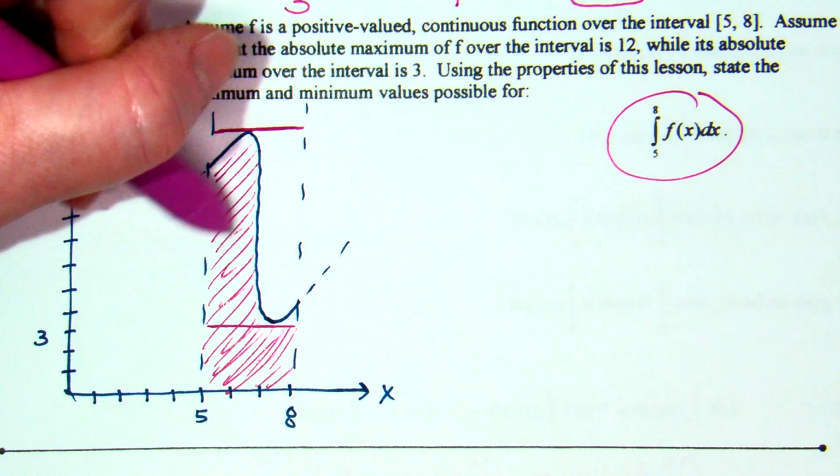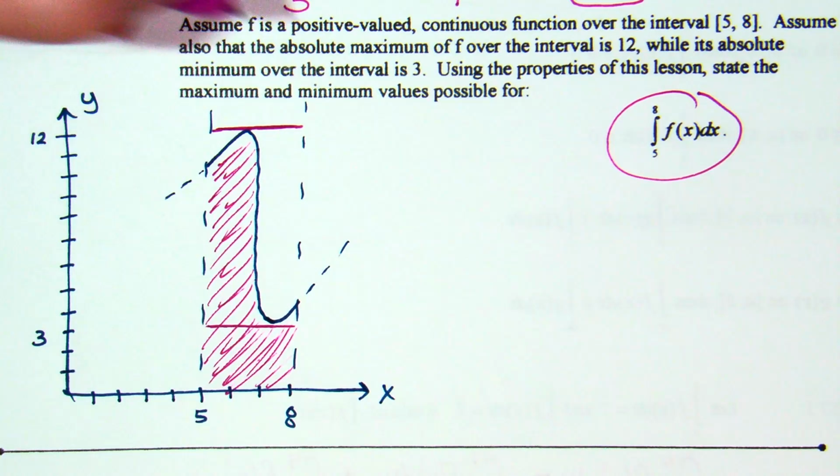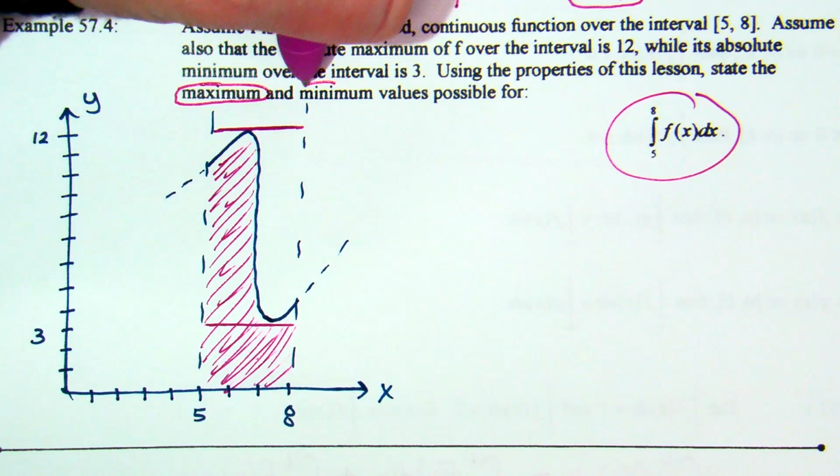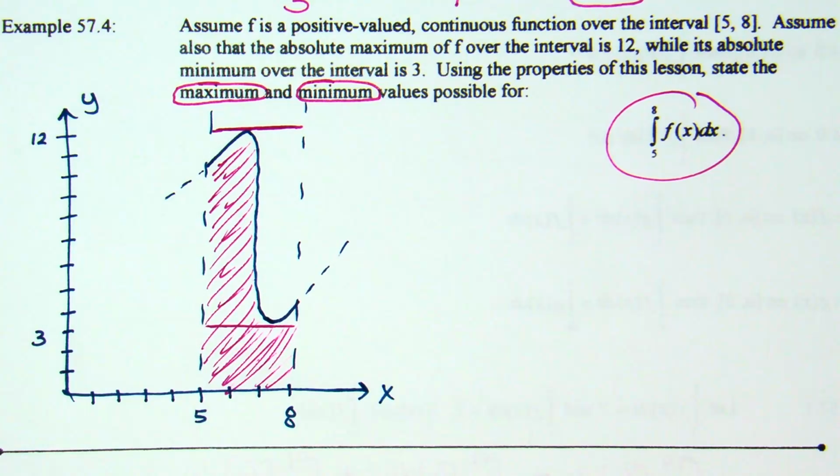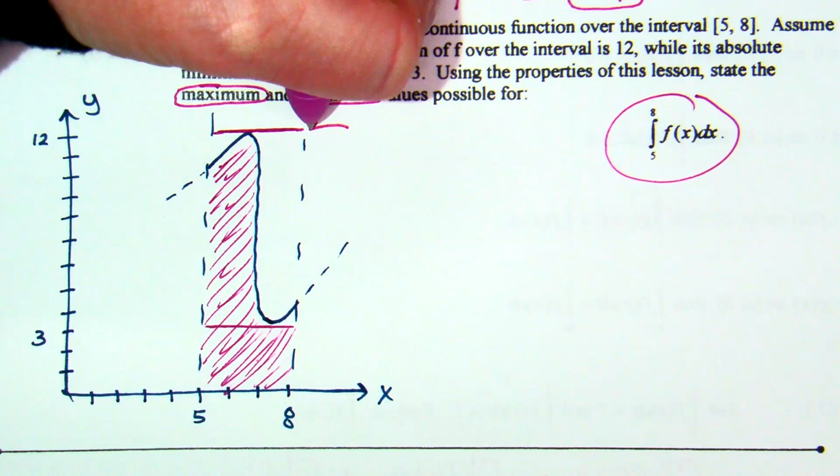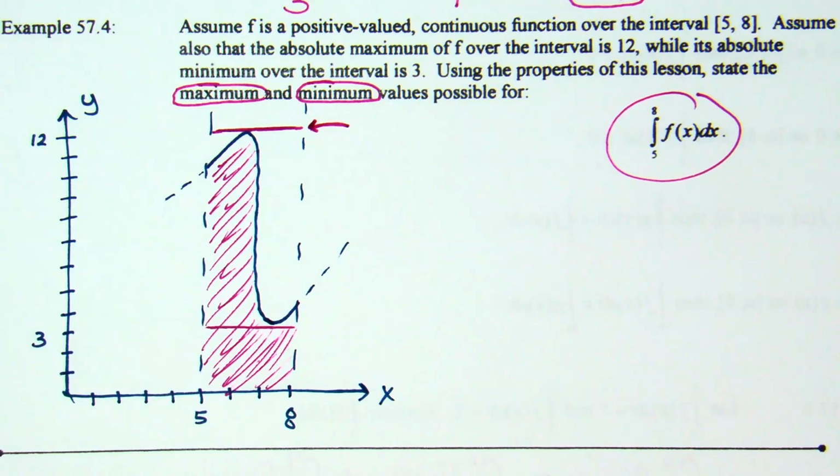Okay. Now, specifically, they didn't ask us for the area under the curve. They asked us for the maximum values and minimum values. So let's talk up here maximum value. The highest this curve ever goes is 12, yes? Over how big of an interval? 3.